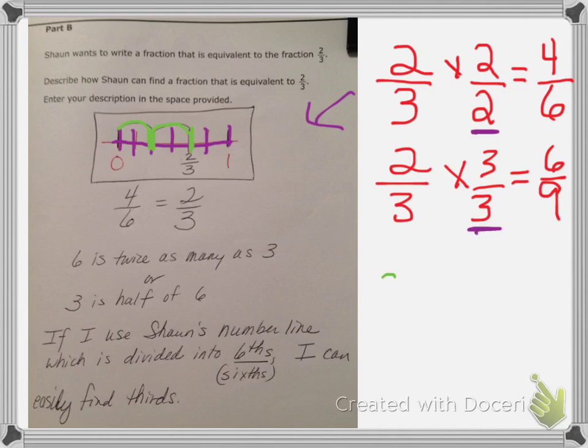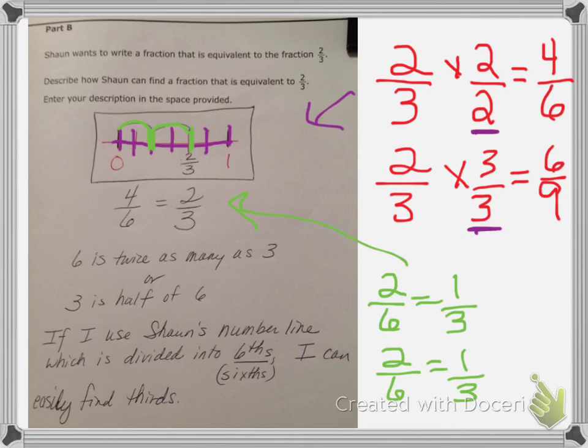Okay, so 2/6 is equal to 1/3. And then another 2/6 is equal to another 1/3. And then do you see how 4/6 is equal to my 2/3?